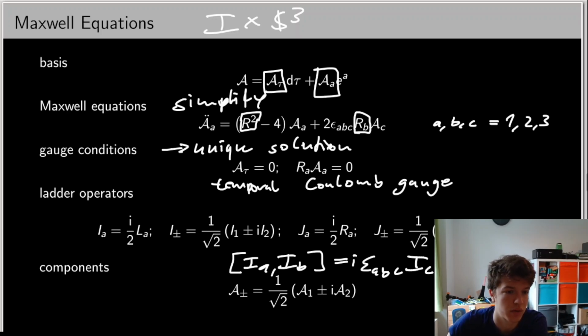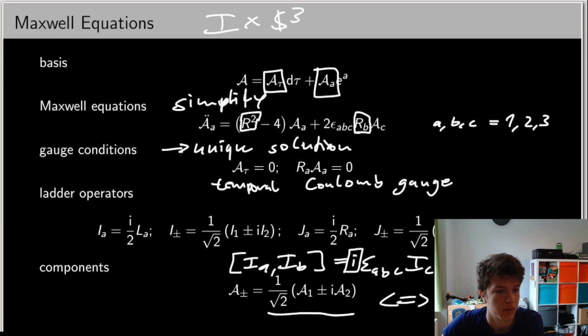And here with this epsilon, it's similar to before, but now instead of the 2 we have an i. And we also write down the new components that correspond to the i plus minus component of the potential.